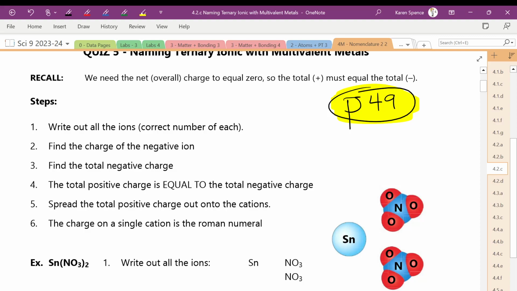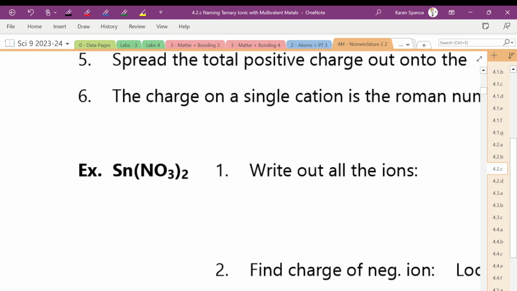All right. So in a compound like SnNO3, first of all, is this ionic or is it molecular, and how do you know? Is there anyone who does not have a red zone periodic table, or does not have a table of polyatomic ions? Make sure you have those out. If you need one, come and get one. Okay.